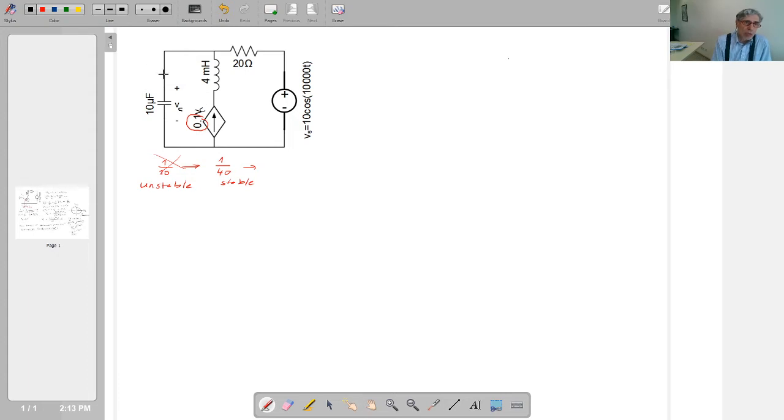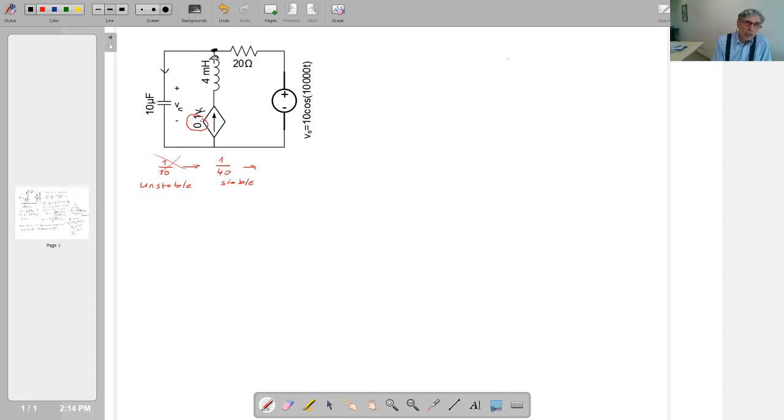If you remember, we have chosen this capacitor current reference downwards in order to make it proper for the passive sign convention, isn't it? So that is the node that we are dealing with, and for the current of this inductor, I'm going to choose the current reference upwards. The reason is because this current is upwards.